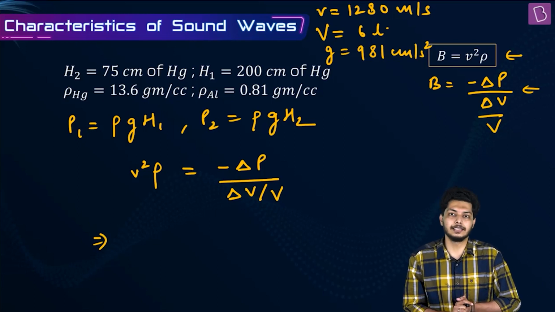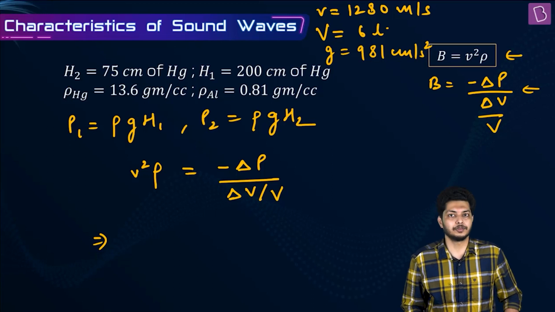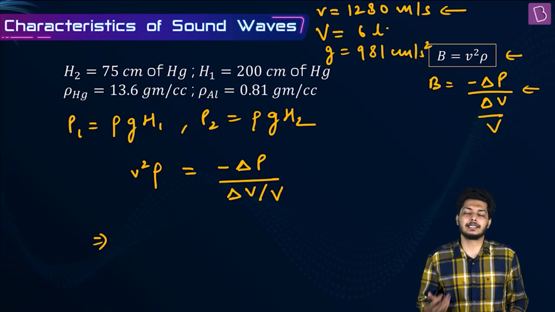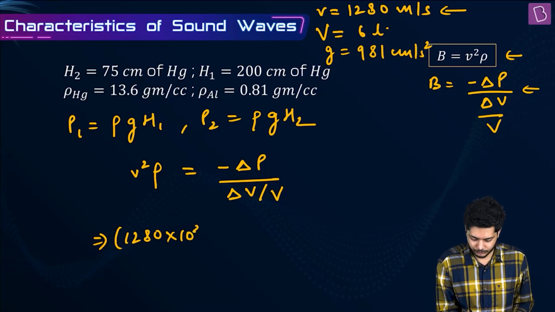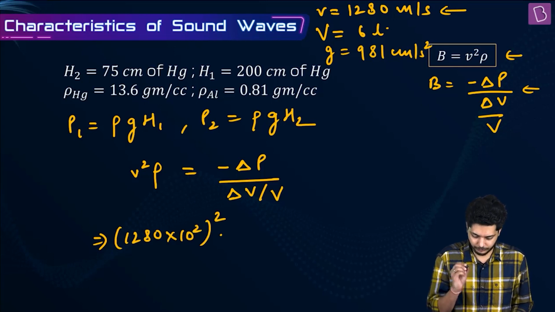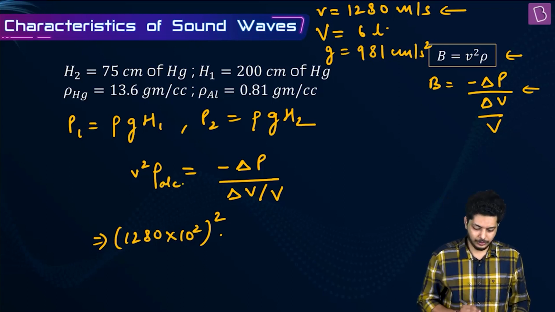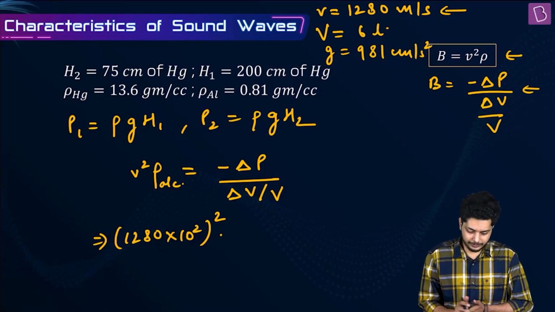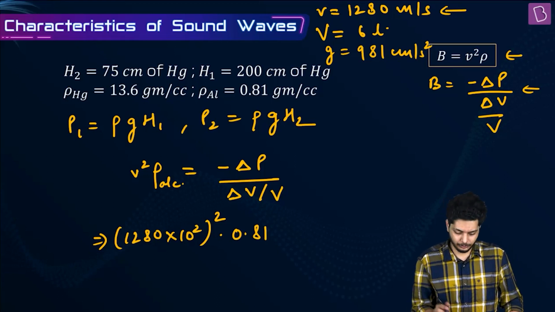Since we have to find the change in volume in milliliters, we have to use all the parameters in CGS units. The speed is given as 1280 meters per second, so in centimeters it will be 1280 into 10 square centimeters per second, whole square. The density will be the density of alcohol because the sound is traveling in alcohol, given as 0.81 gram per cc. That is already in CGS units, so no need to convert.